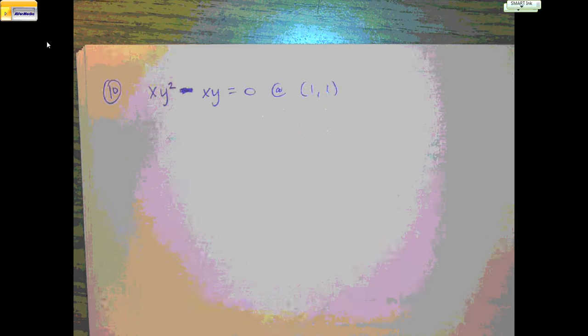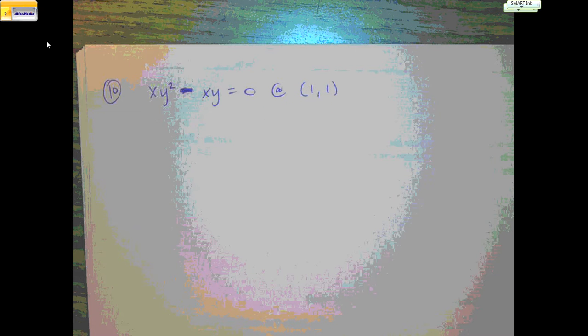Okay, number 10. Find the slope of the tangent and normal lines to the curve. Okay, so x y squared minus x y, my bad, sorry, that's a big minus sign, equals 0, and it's at the point (1, 1). It's talking about finding slopes of tangent and normal lines.